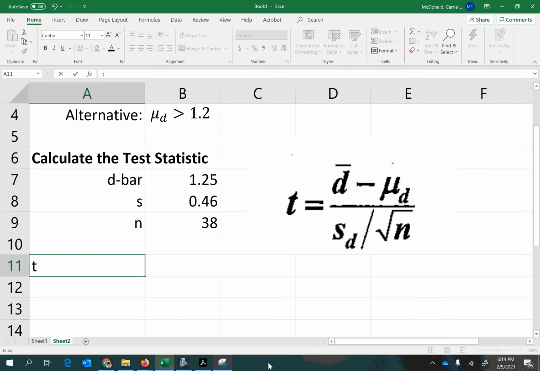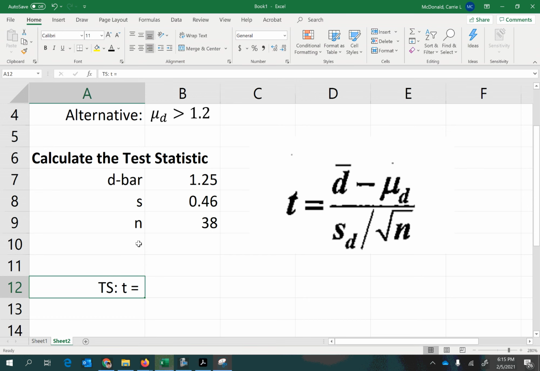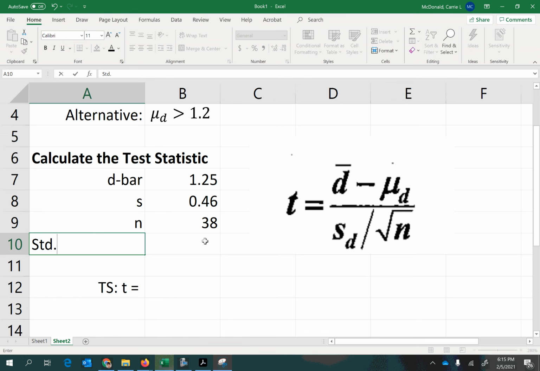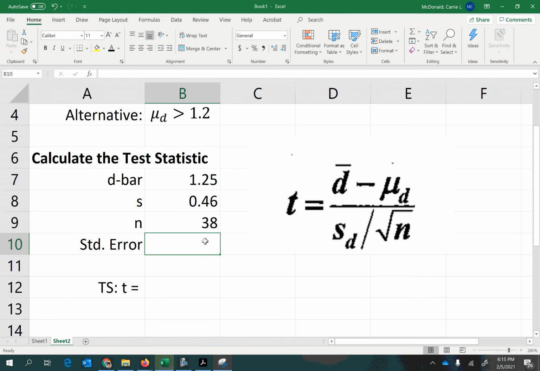We have T, which is our test statistic, TS for test statistic, T equals. And then let's do a little bit of prep work actually before we even do that. Notice that in the bottom I have S sub D divided by the square root of N. We sometimes call that the standard error, SE for short.